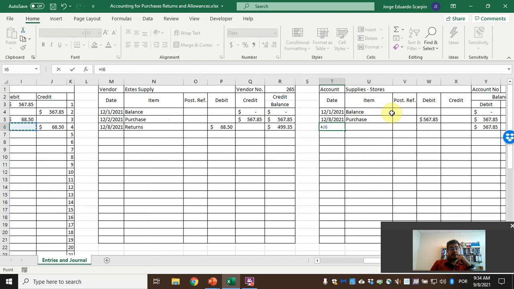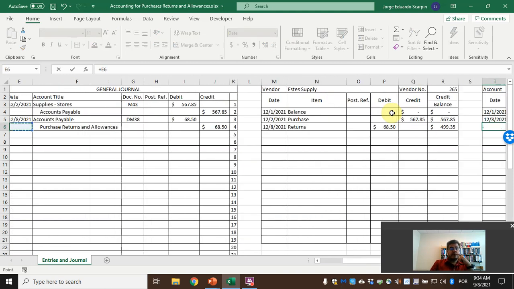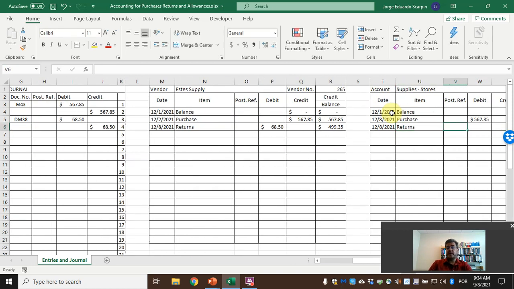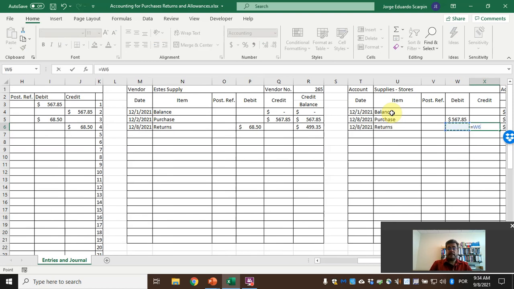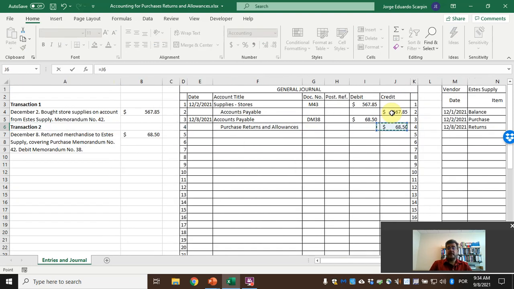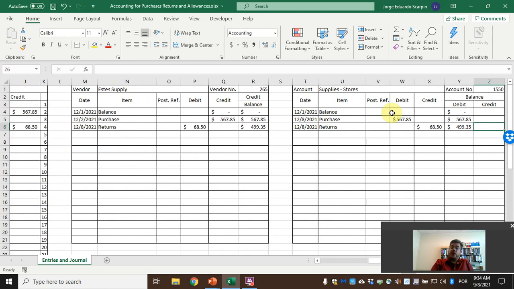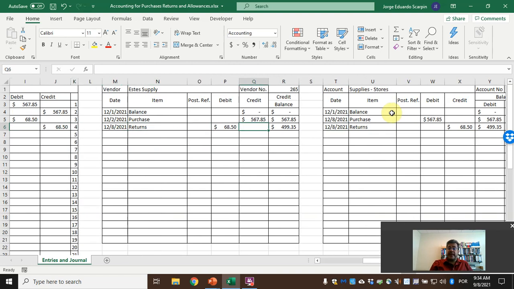So here, 12/8, returns, and then a credit. Returns here is a credit, 68. And now our net purchase is $499.85, or our net supplies is $499.85. However, some textbooks don't like it because this balance will not match with the purchase balance. But I personally like it.